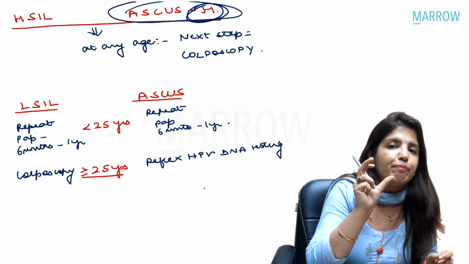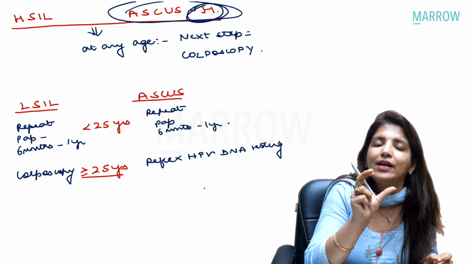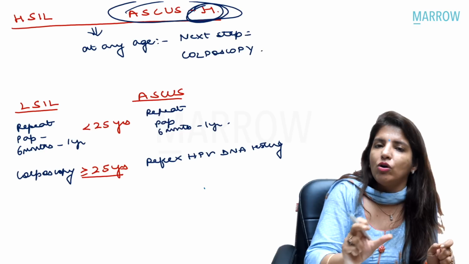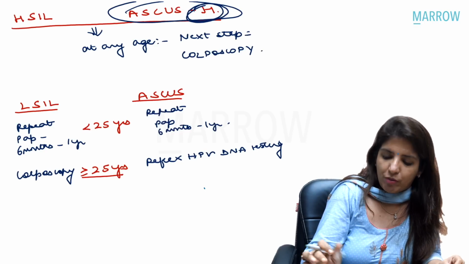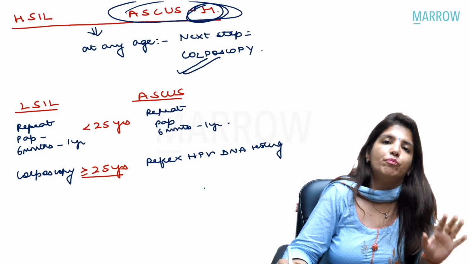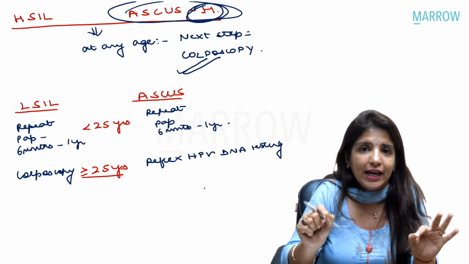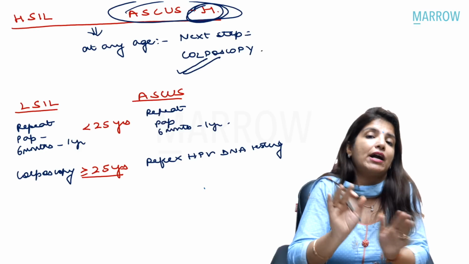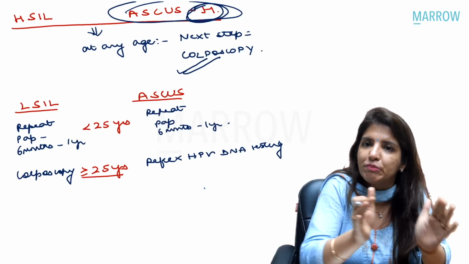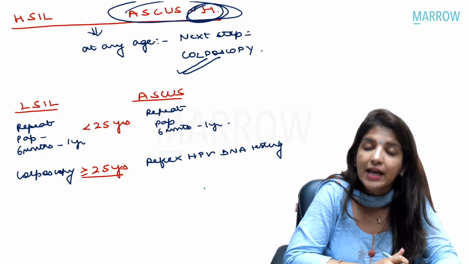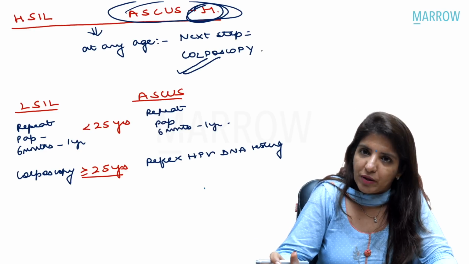So whenever the pap smear report shows the word H, always and always, irrespective of the age of the patient, the next step is colposcopy. H means high chances of malignancy. You have to go for colposcopy. Right? Irrespective of the age of the patient.